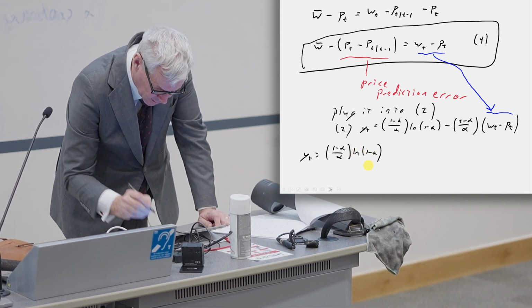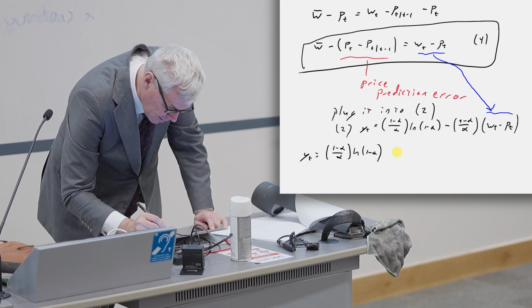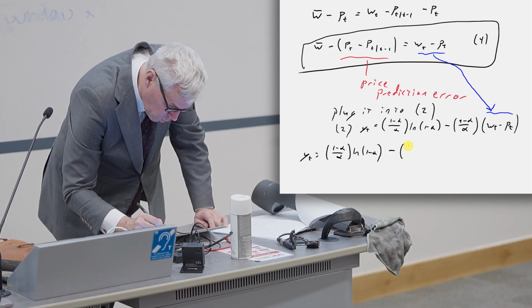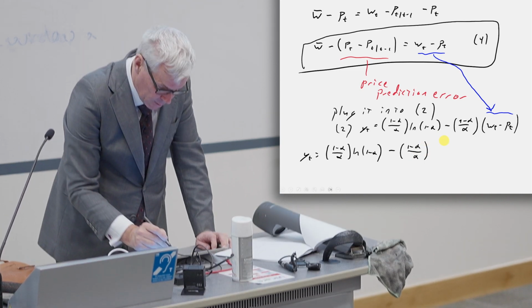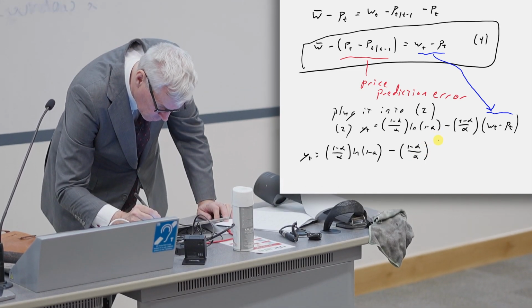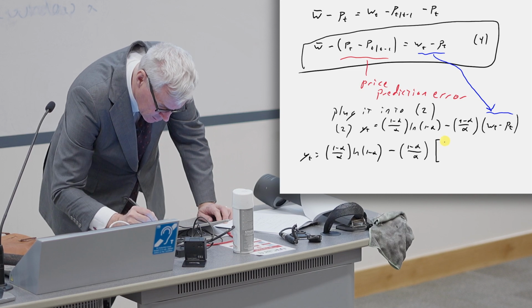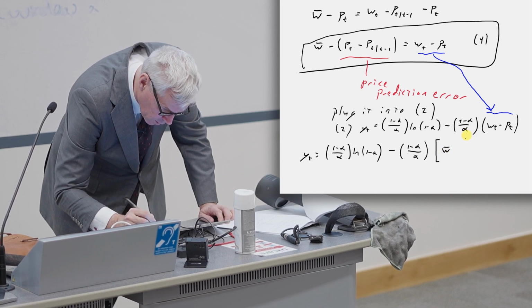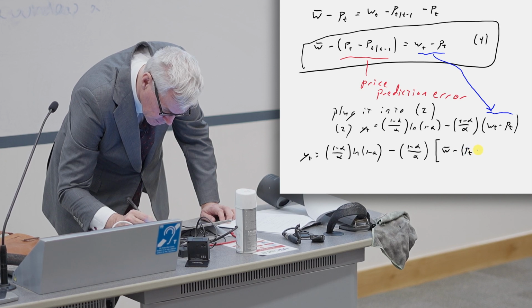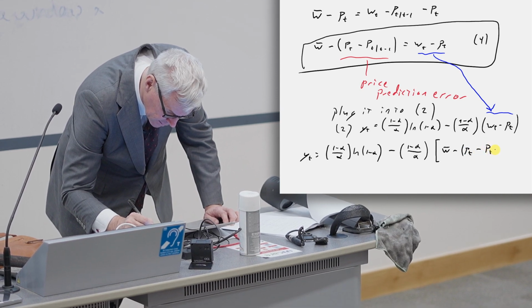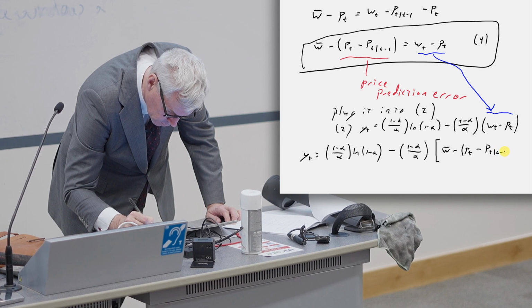Those are all constants, so it's just a constant term out there. Minus (1 minus alpha) over alpha, and we're going to plug in all of this, so let me put it in brackets here: W bar minus Pt minus Pt given t minus 1.